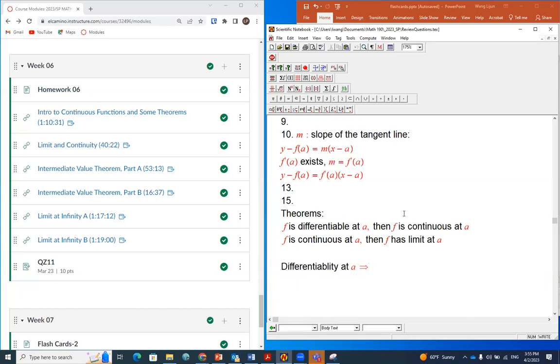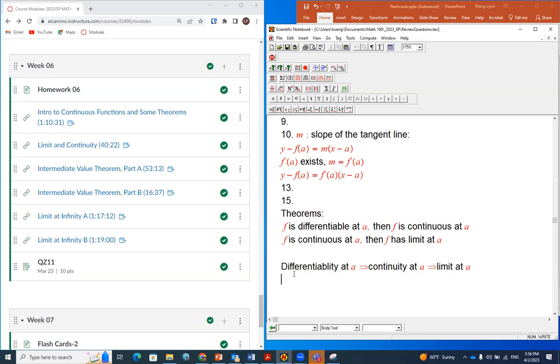This arrow means implies. Continuity at a implies limit at a.